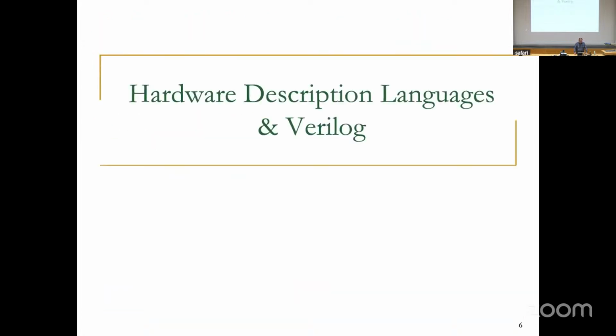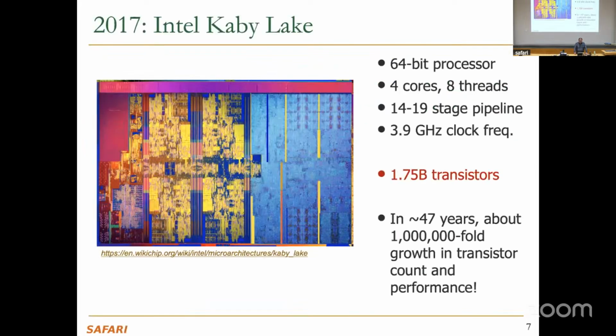But now let's quickly talk about hardware description language and Verilog. First, I want to use some pictures to motivate why we need that. This is a chip from 2017, which was one of the strongest chips back then, and it had 1.75 billion transistors.